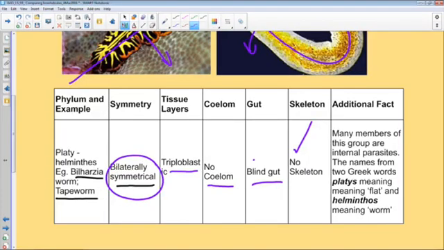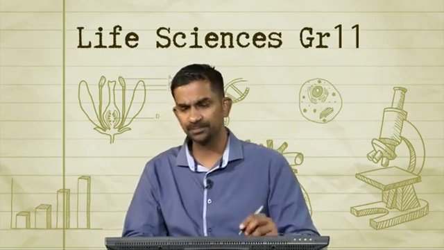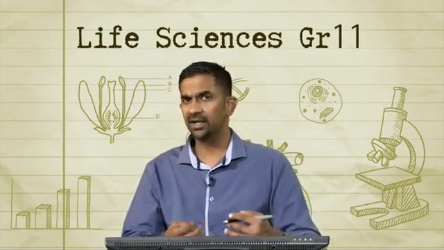Some additional facts, and I did mention this earlier, many members of this group are internal parasites in other organisms. The liver fluke is a free living organism, but the tapeworms and the Bilharzia worms are all examples of parasites that live within a host, and due to their mode of nutrition, they can absorb their nutrients through their body surfaces.